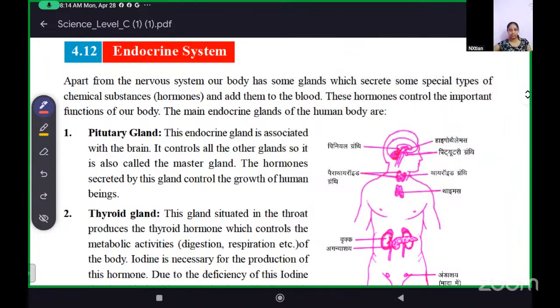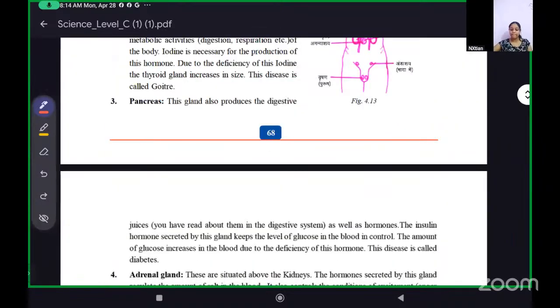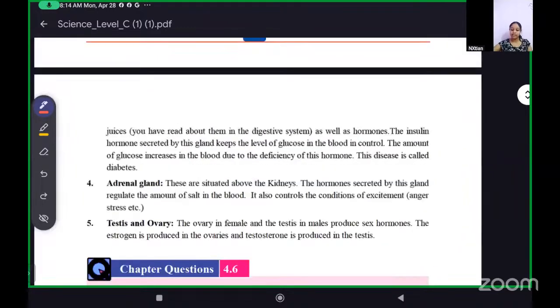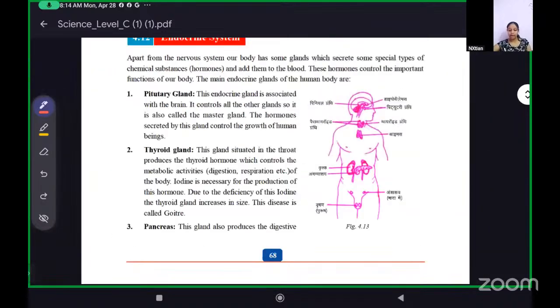Different types of glands secrete different hormones, which help us in various body functions. There are a lot of glands such as the pituitary gland, thyroid gland, pancreas, adrenal gland, and testis and ovary. Let's give this a read.